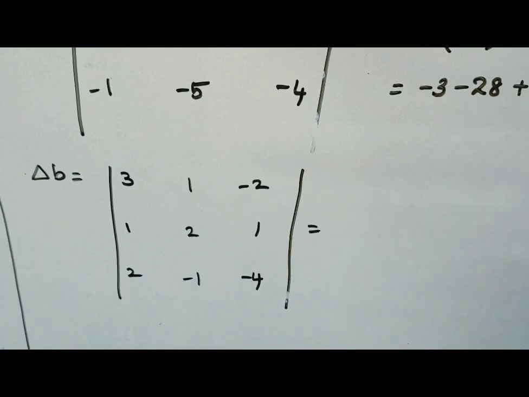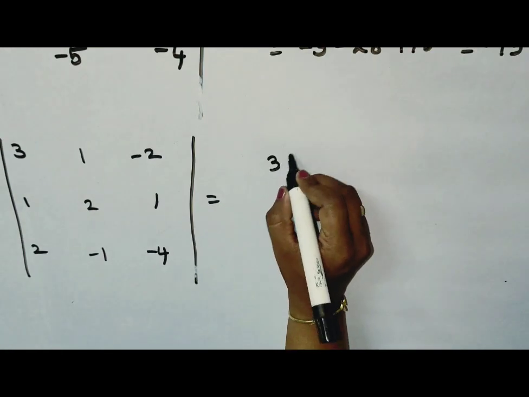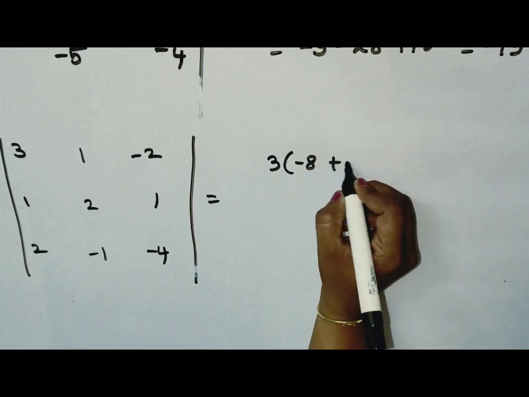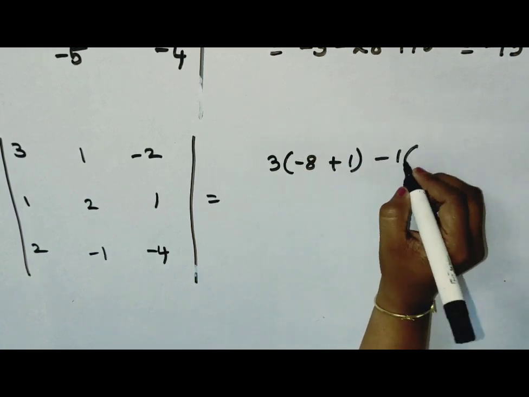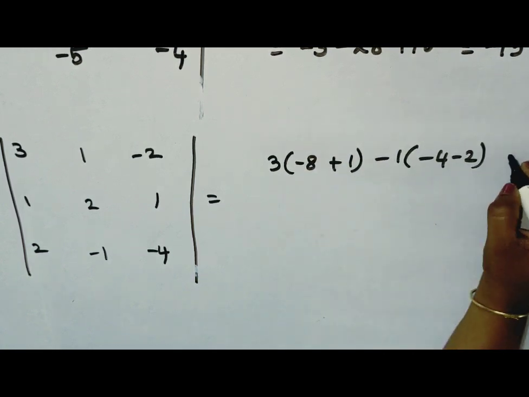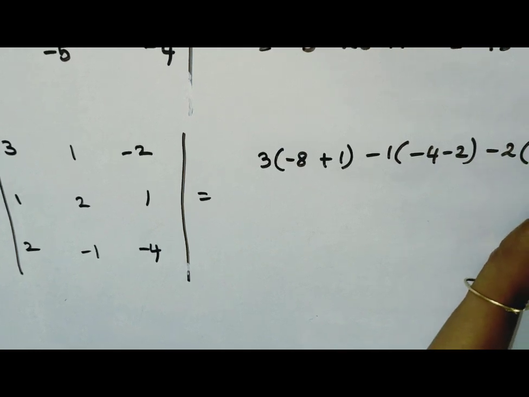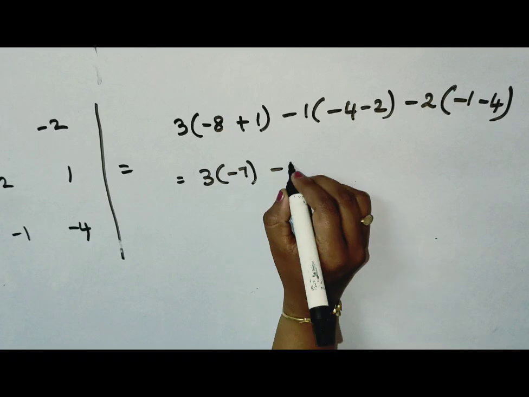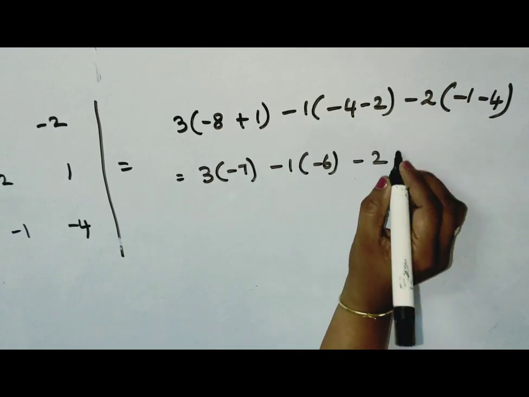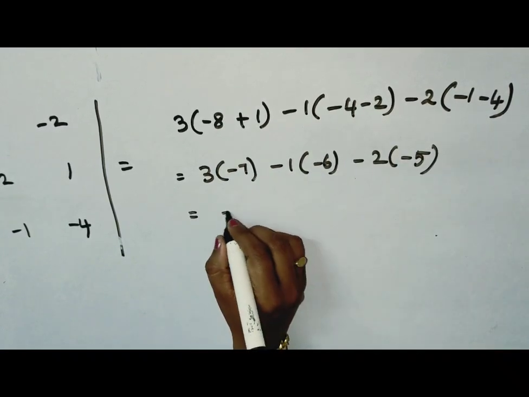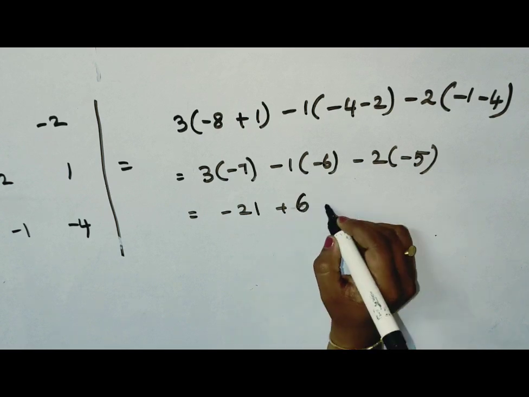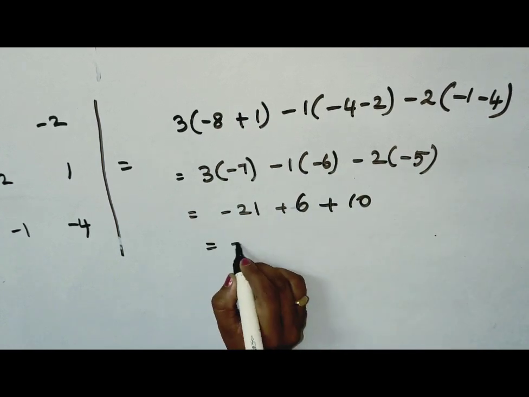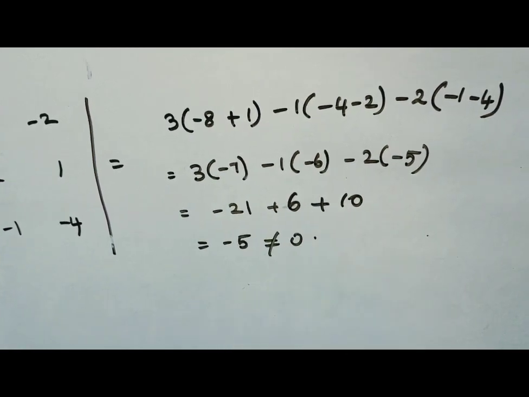We will find the value of the determinant now. 3 into minus 8 plus 1, minus 1 into minus 4 minus 2, minus 2 into minus 1 minus 4. So next is 3 into minus 7 minus 1 into minus 6 minus 2 into minus 5. 3 sevens are minus 21 plus 6 plus 10, which equals minus 5. This value is also not equal to 0.